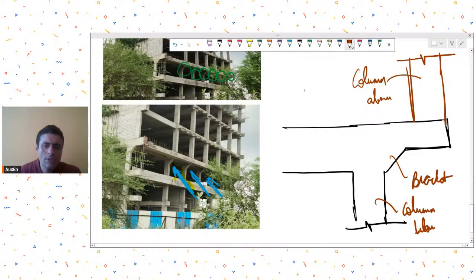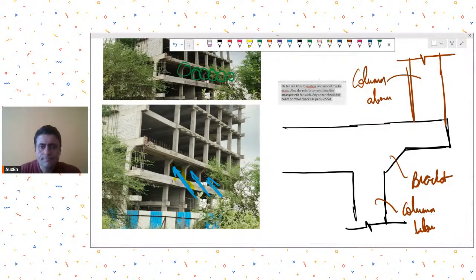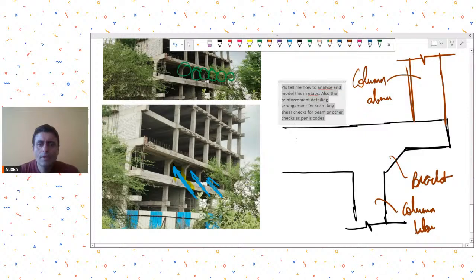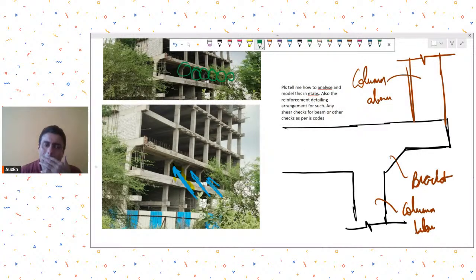So his first question is, let me just paste it. Please tell me how to analyze and model this in ETABS. Also the reinforcement. So in ETABS, either you make a flared column over here.